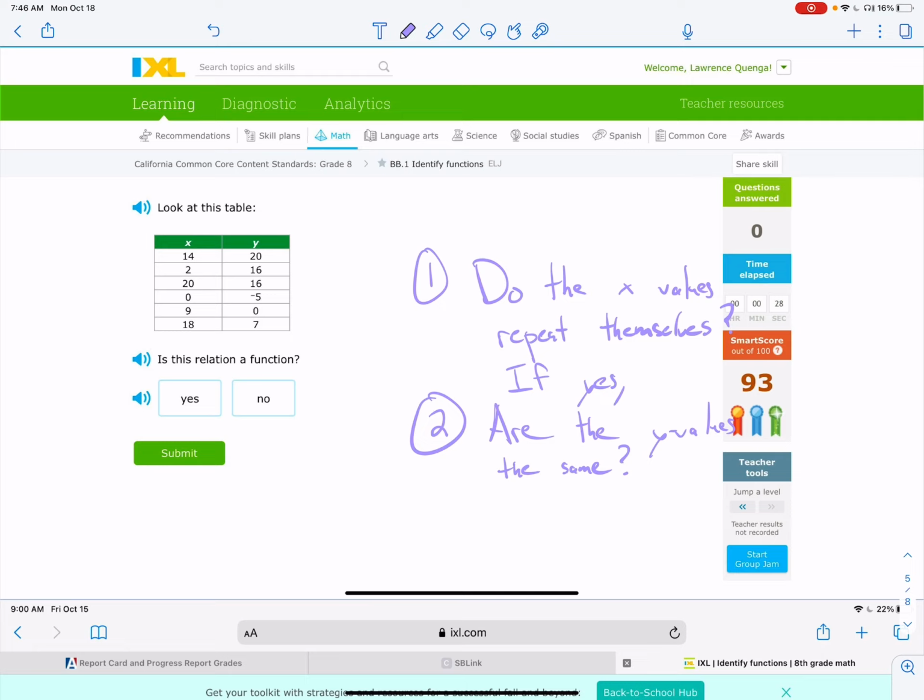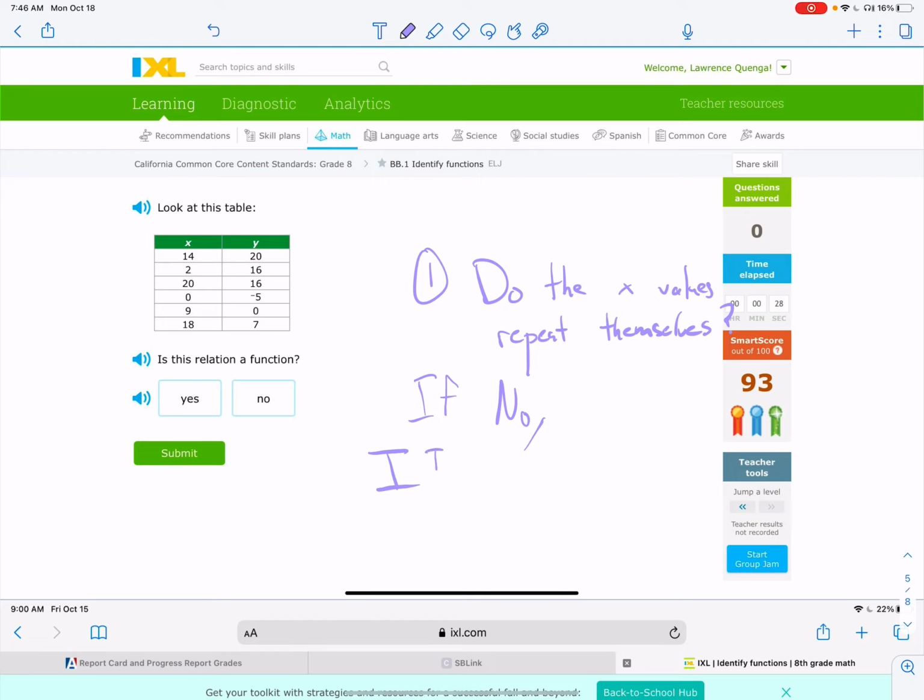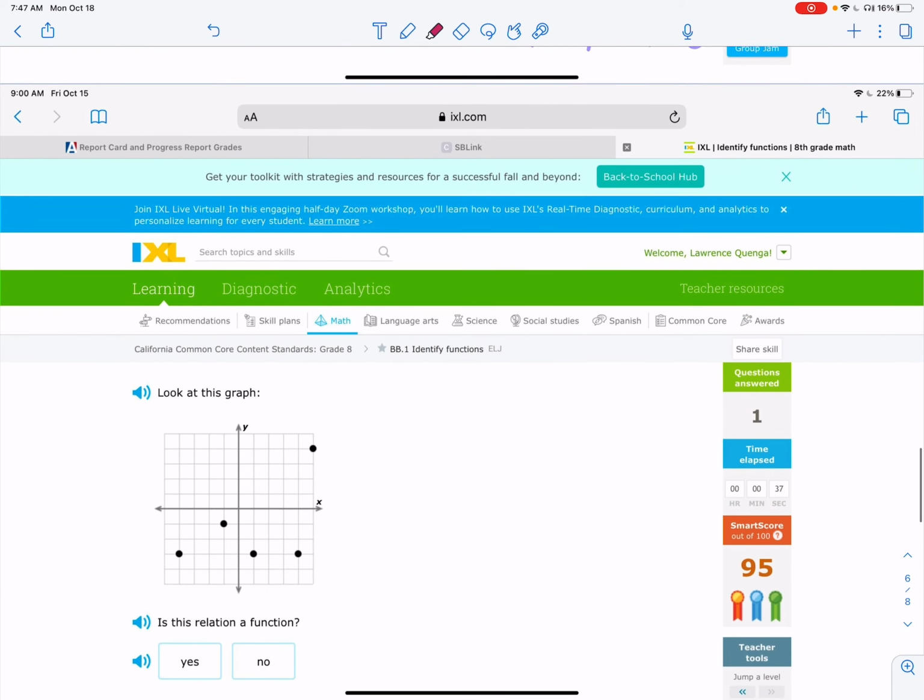No, they do not repeat themselves. So if the answer is no, it is a function. So this one is a function because the x values do not repeat themselves.